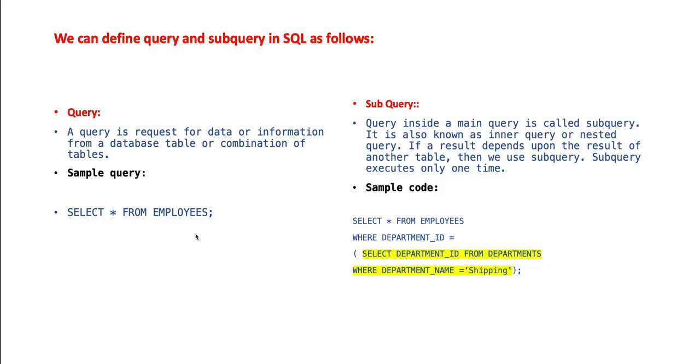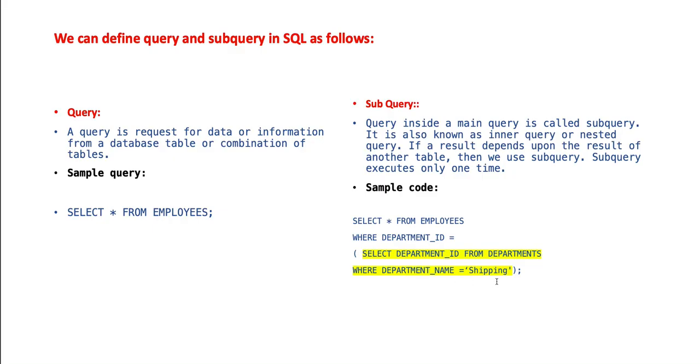In this condition, we have to use a different table, because the department name is included in the departments table. That's why we use here SELECT * FROM employees WHERE department_id =, then we select department_id from departments where department_name is shipping.